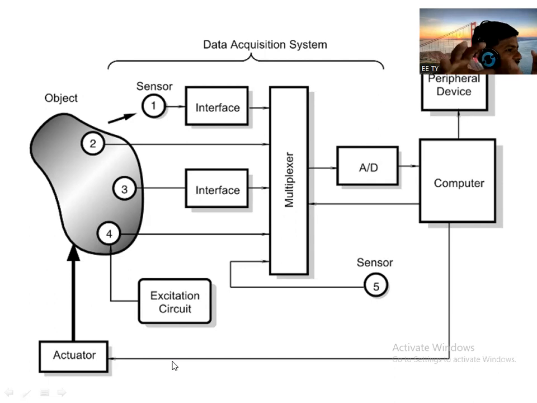That means it is internal. The sensor number 5 is used to sense the internal condition of that system. So it is nothing but intrinsic, that means the intrinsic type of location. The sensor is used to check the own condition of the larger system. So it is intrinsic location.